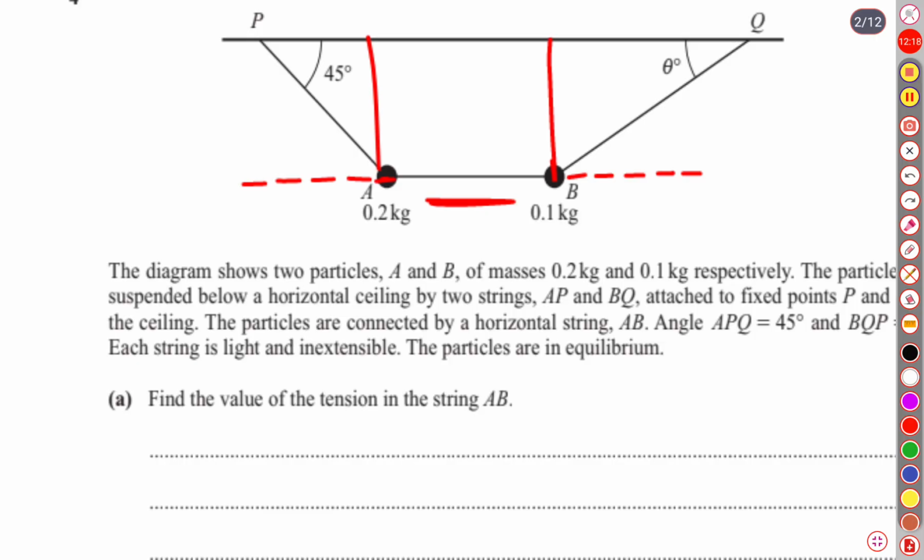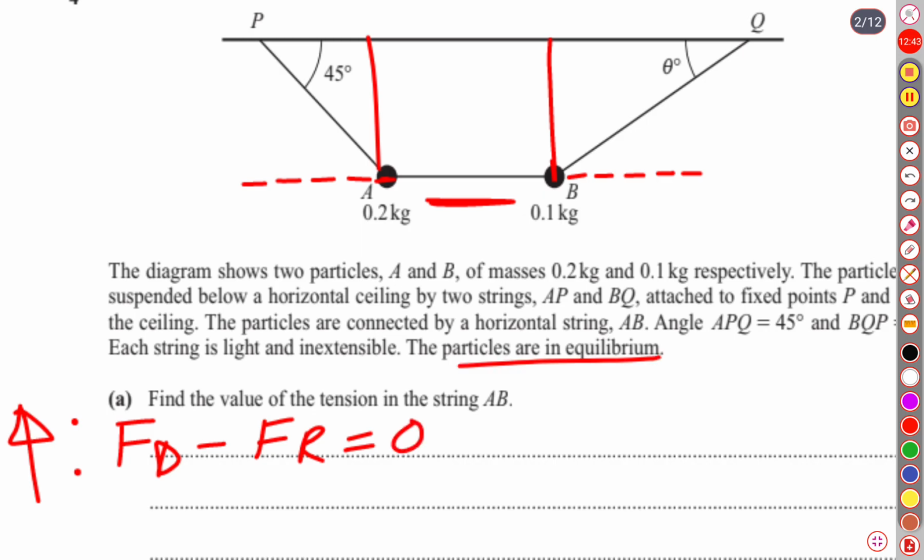Let us resolve the vertical forces. Let us find the resultant force which is acting vertically. So vertical direction, this is vertical direction, and vertically for this one, what is the driving force? The concept is driving force minus resistance force is equal to 0, because the system is in equilibrium, so there is no acceleration at all.